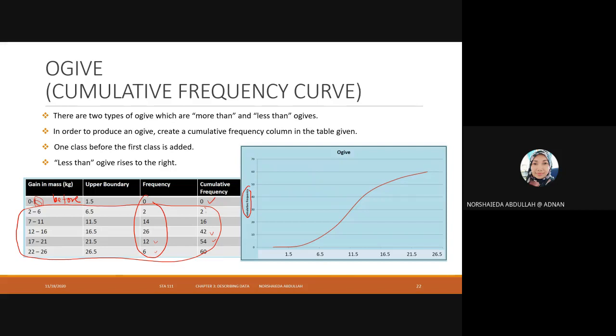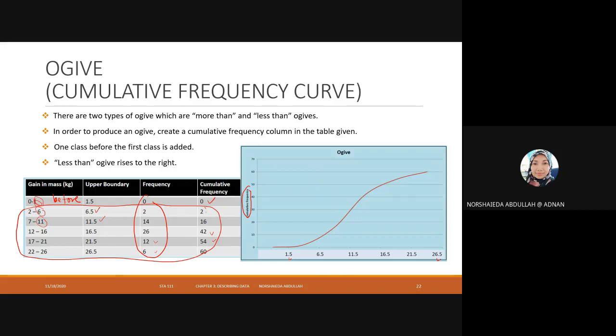The first class upper limit dia is 6, so boundary dia 6.5. The second class limit 11, boundary dia 11.5 and so on. Okay, so we start the upper boundary with 1.5, 6.5, 11.5, 16.5, 21.5 and the last one 26.5.